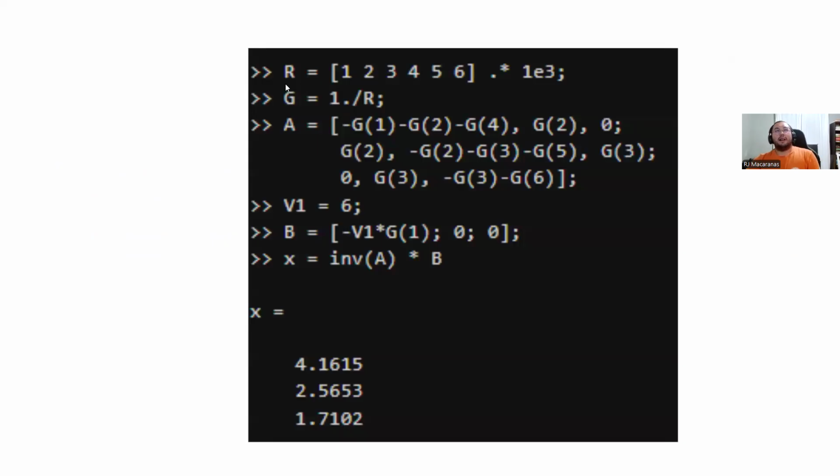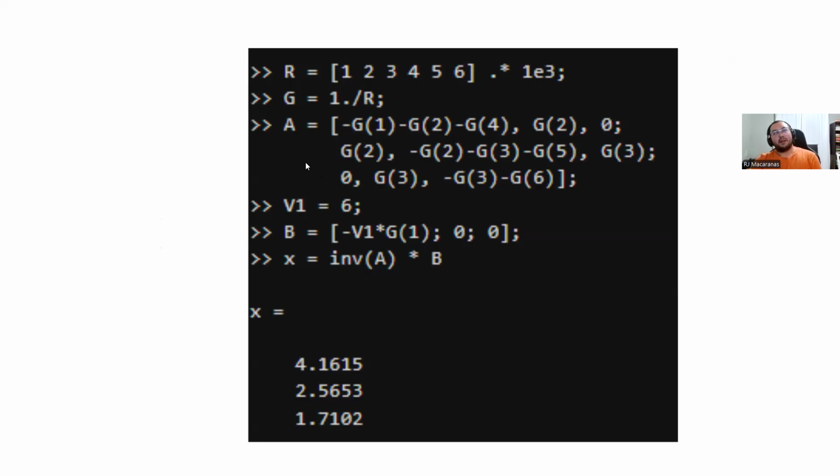I've done that in MATLAB here. I've defined a vector of resistances, 1, 2, 3, 4, 5, 6, multiplied each of them by 1,000, because these are all in kilo ohms. And then I've defined a conductance vector, I guess you could call it, to be just the reciprocal of all my resistances.